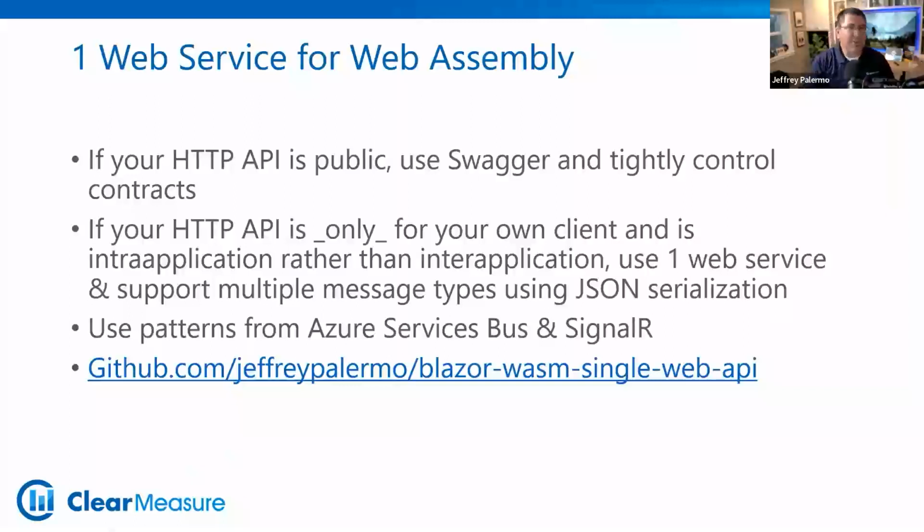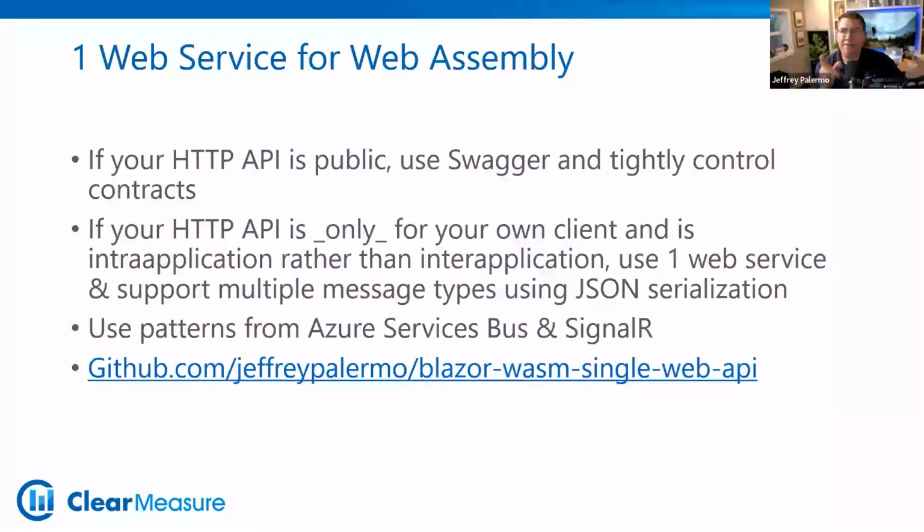Okay, another thing for Blazor WebAssembly specifically, Blazor WebAssembly is one web service. All right, now I don't have enough time. I've done dedicated talks on this, gone through the pattern. I don't have enough time to actually dive into it because it's a whole hour long session just in and of itself.